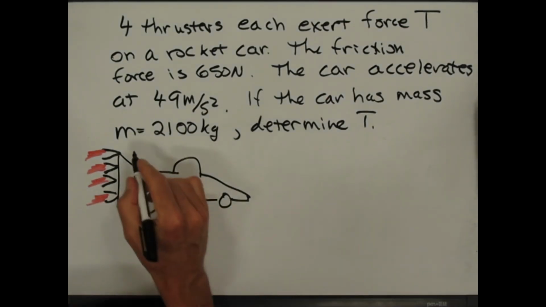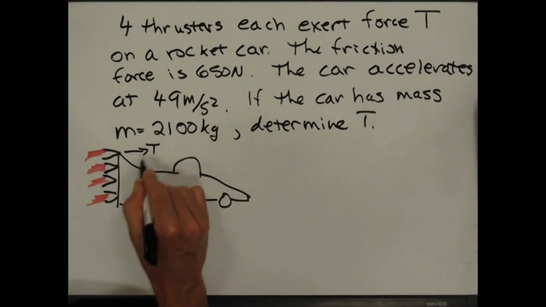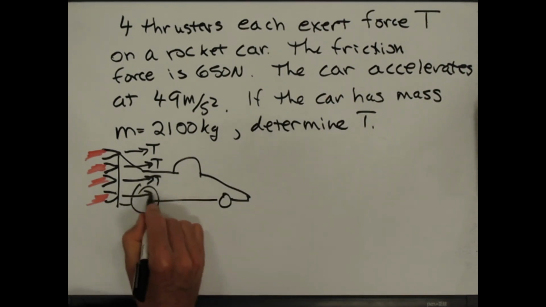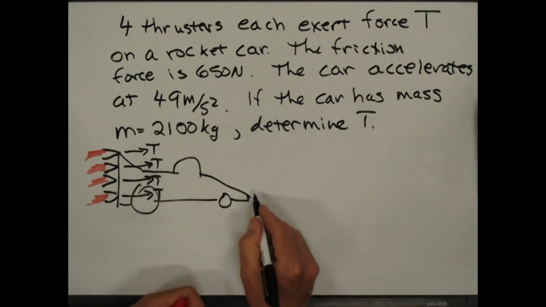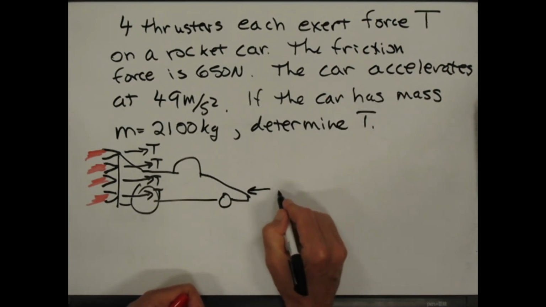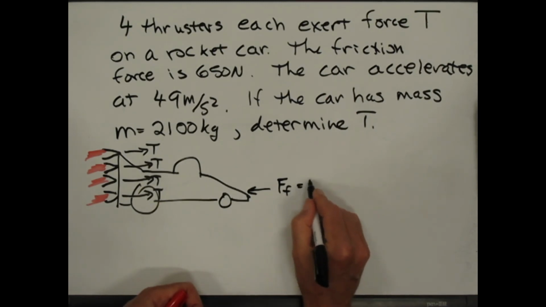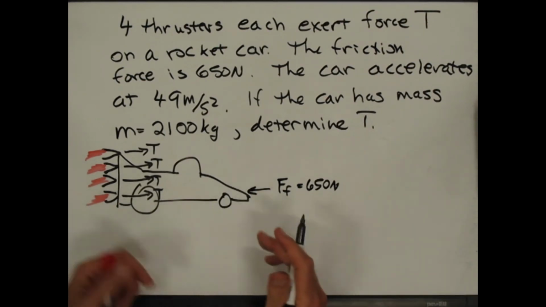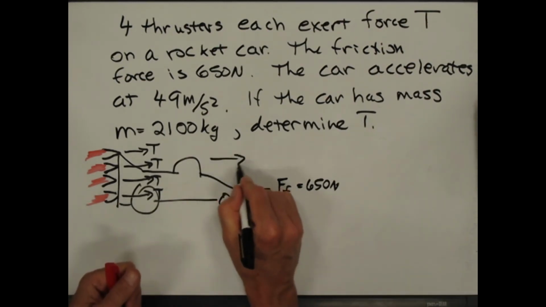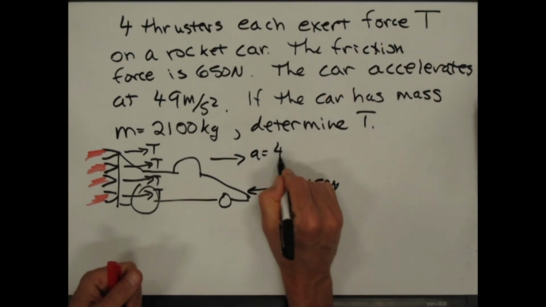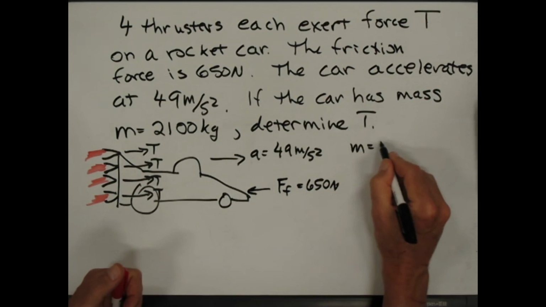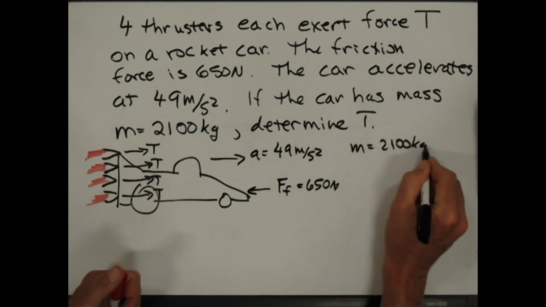Each of these thrusters is pushing with a force T. On the car, there's a force going this way, F_F, which is the force of friction, equal to 650 newtons. Maybe that's the air resistance or the friction from the road or something. My acceleration is 49 meters per second squared, and the mass of the car is 2,100 kilograms.